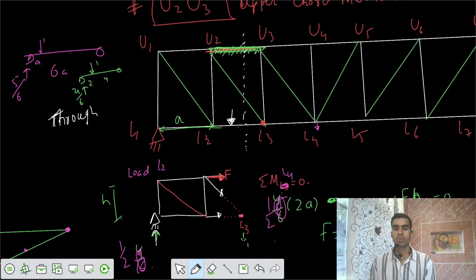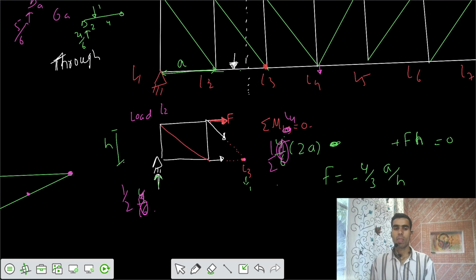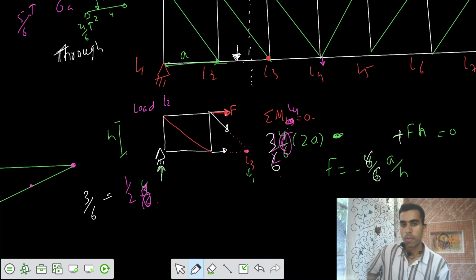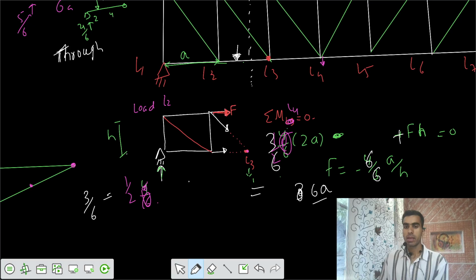So finally you got a value of 1 by 2 of 2a. Let's say that you have that reaction of 3 by 6. If I write 3 by 6 into 2a plus Fh equals 0, I would get 6a by 6h.